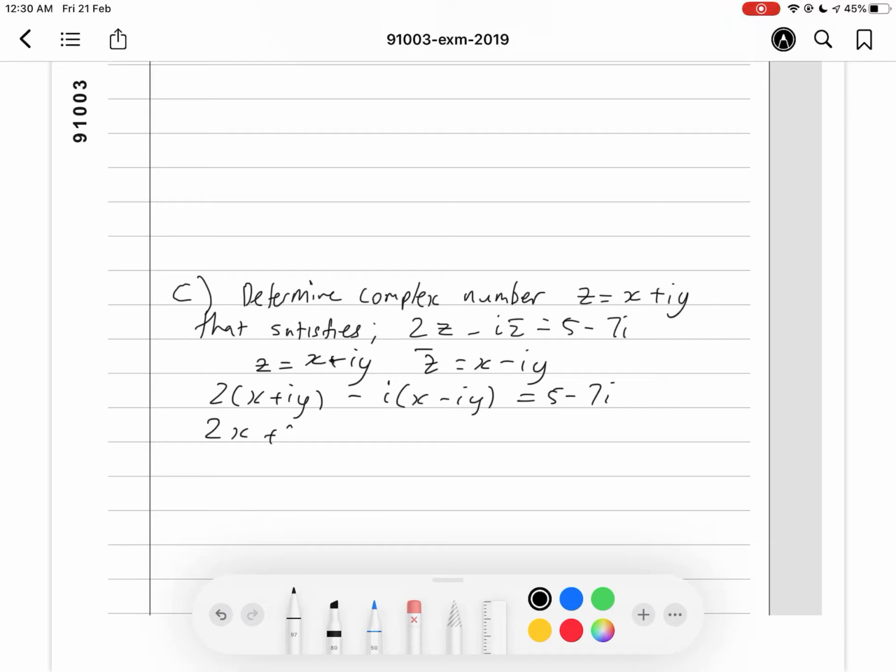So 2x plus 2yi minus ix, negative i times negative i is positive i squared, which becomes negative 1. So that's negative y, equals 5 minus 7i.